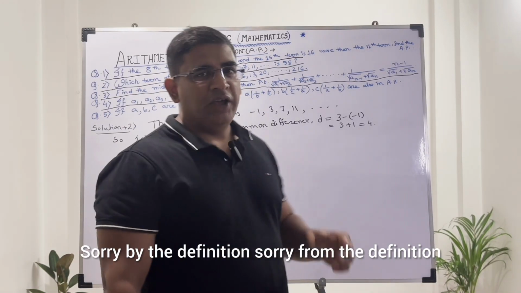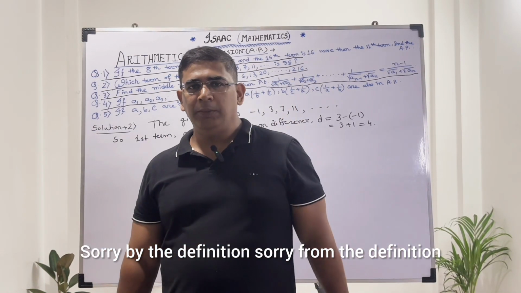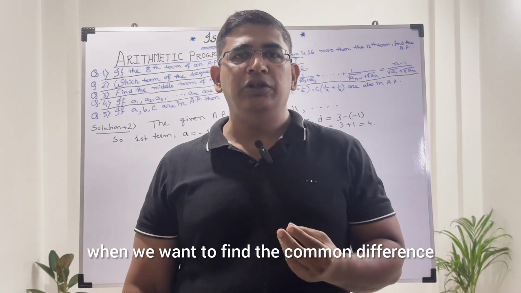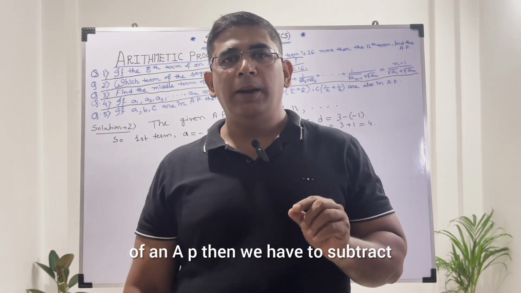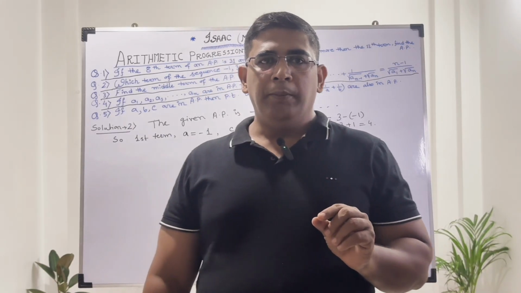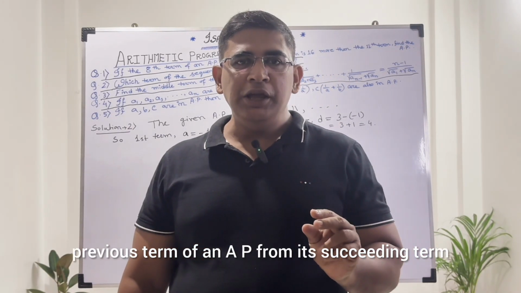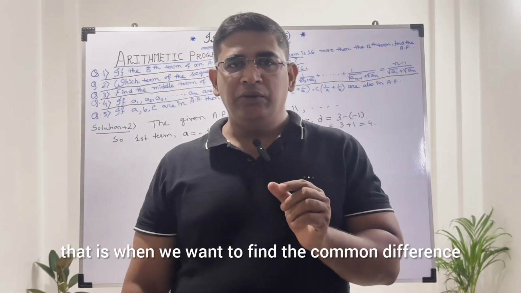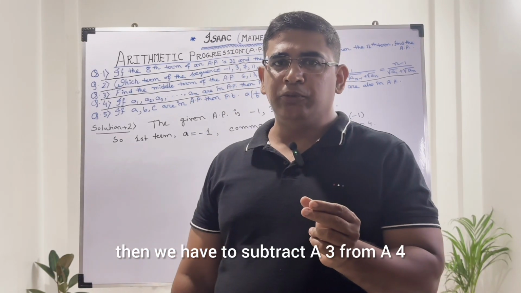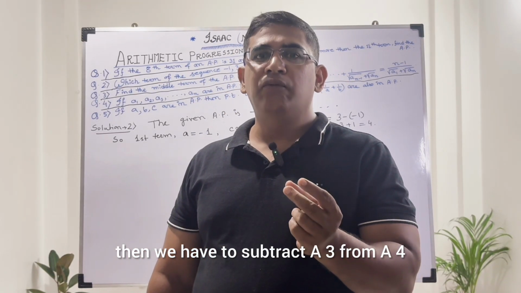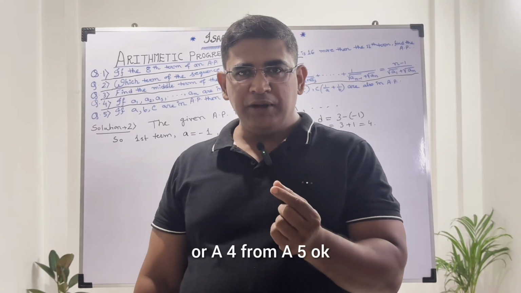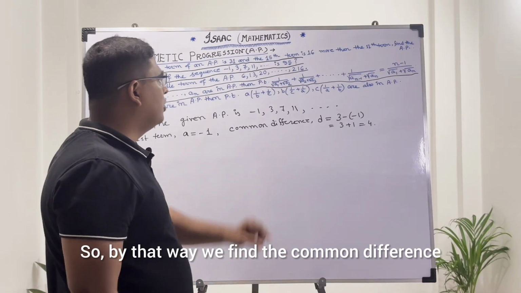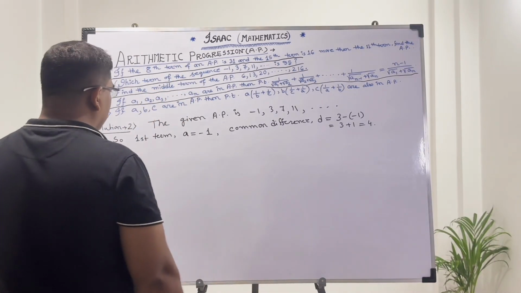From the definition of AP, when we want to find the common difference of an AP, we have to subtract the previous term from its succeeding term. That is, we subtract A3 from A4 or A4 from A5. By that way, we find the common difference, which here is 4.